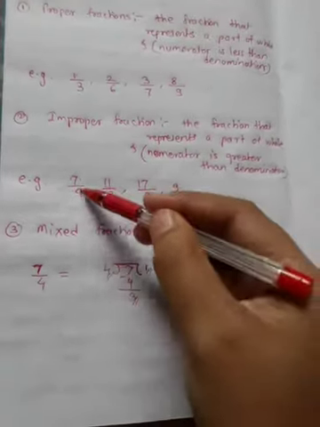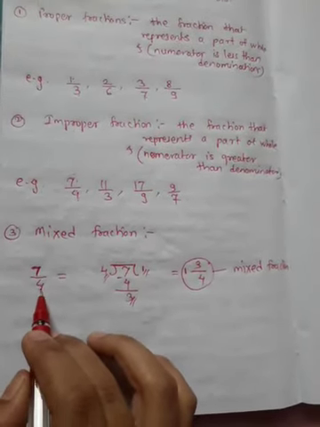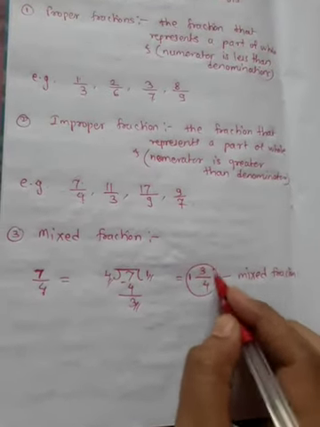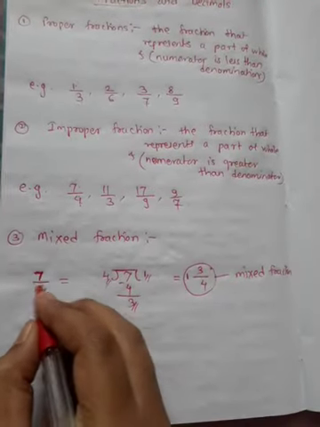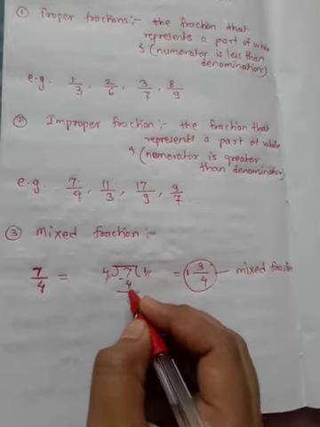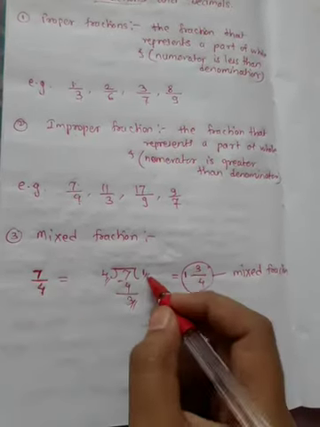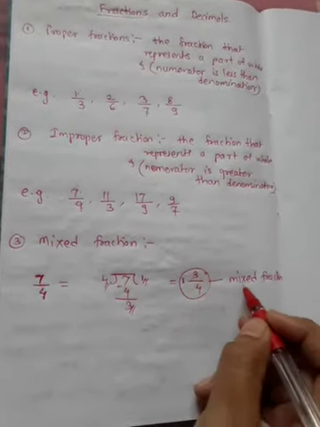Actually I have taken an improper fraction, and an improper fraction can be written as a mixed fraction, and this type of fraction we call mixed fraction. So when we divide 7 by 4, 4 ones are 4, remains 3, and we write 7 by 4 as 1 3 by 4, and this is called mixed fraction.